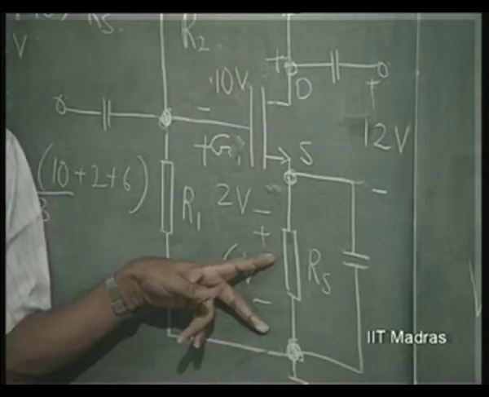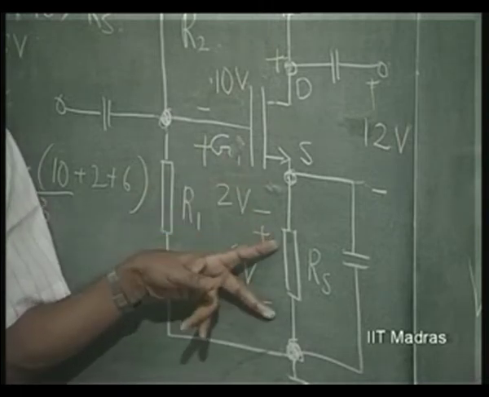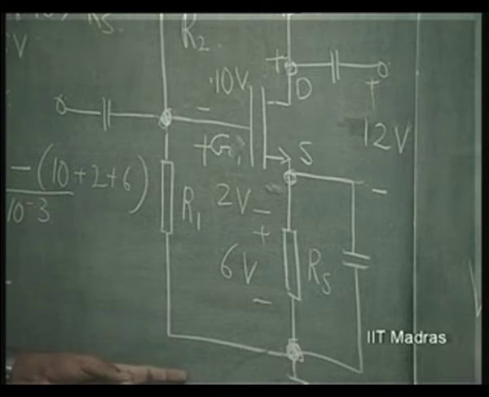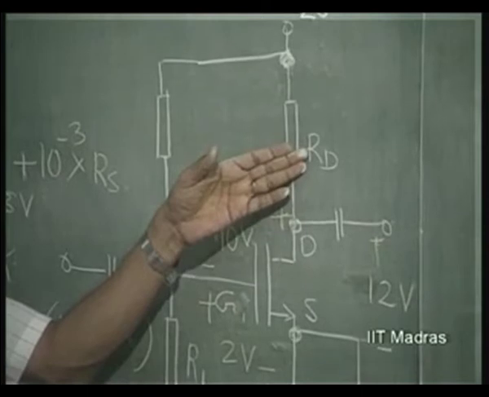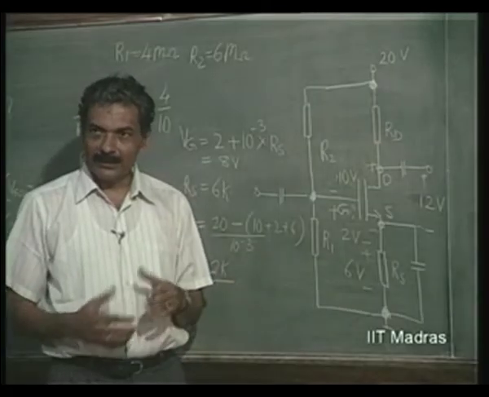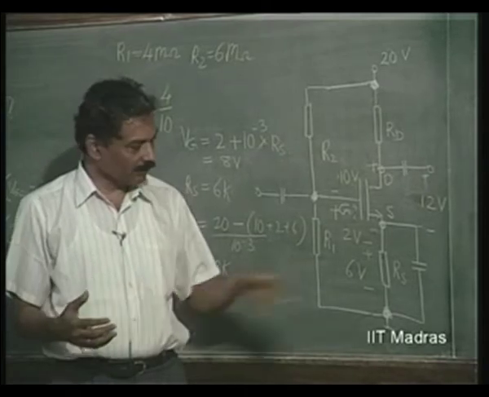So, 20 volt drop, 2 volts drop, this would be 22 volts, and substantial gain for the field effect transistor. So, you can select RD as a high resistance compared to this.